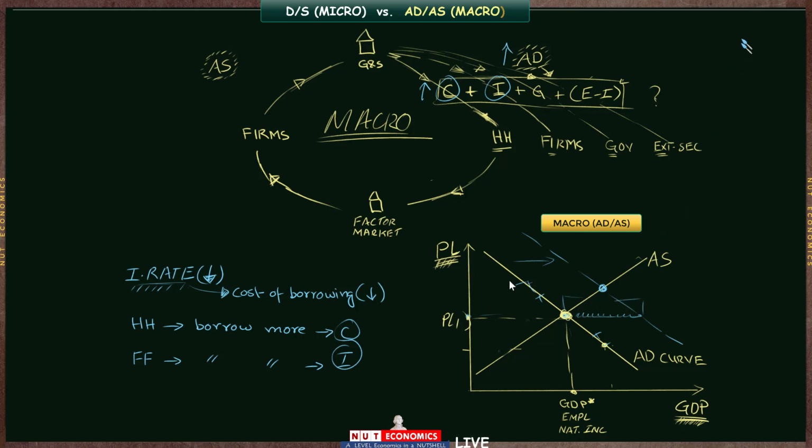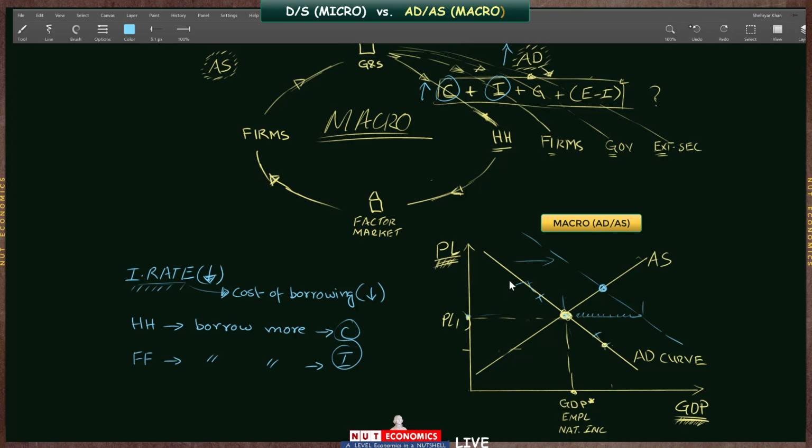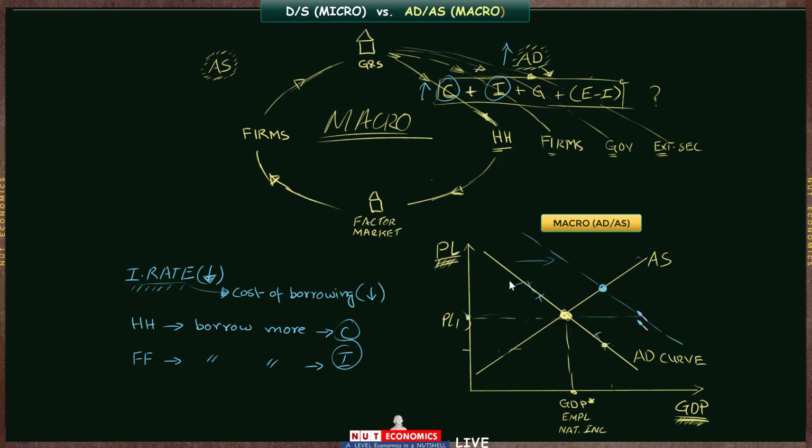You can quickly jump to this equilibrium and you can say interest rate. Investment, consumption increase, aggregate demand shifted to the right at this new equilibrium. GDP will increase. Since GDP increases, employment will increase.